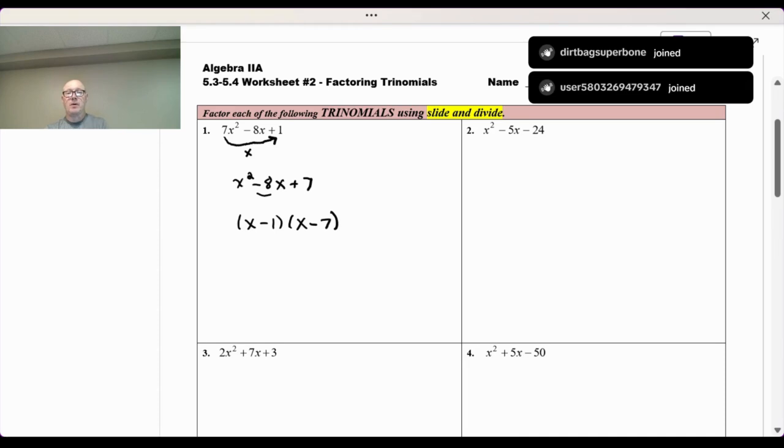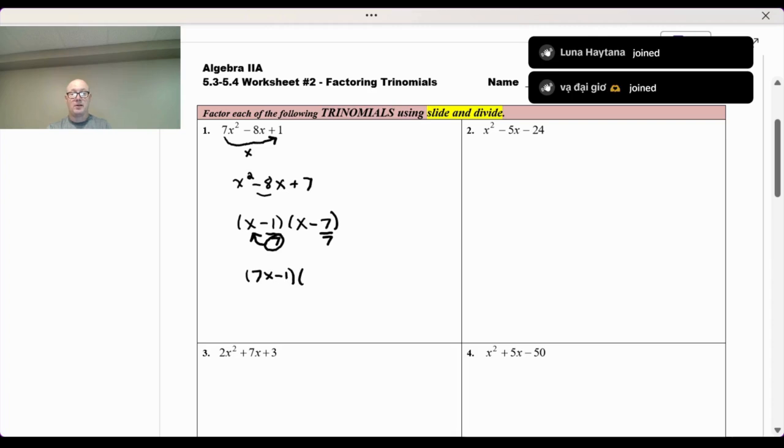Now, the number that we slid, the 7, we have to take that 7 and divide it by each factor. So we get x minus 1/7, and that simplifies to 7x minus 1. You can do that by taking the denominator and multiplying it by the x.